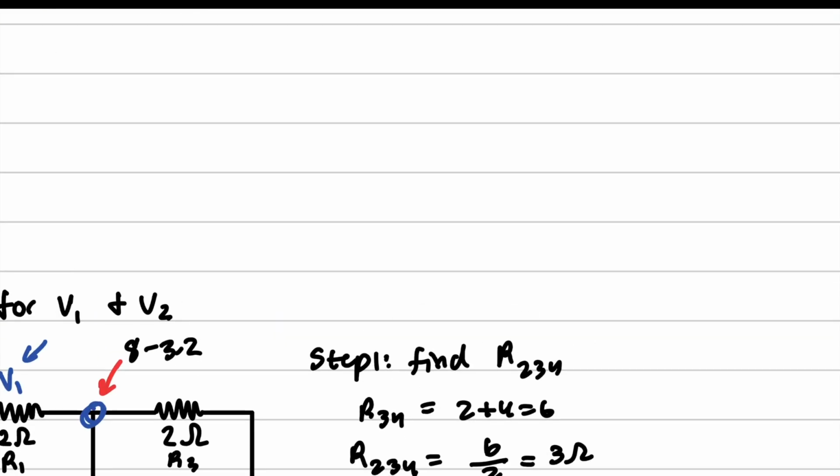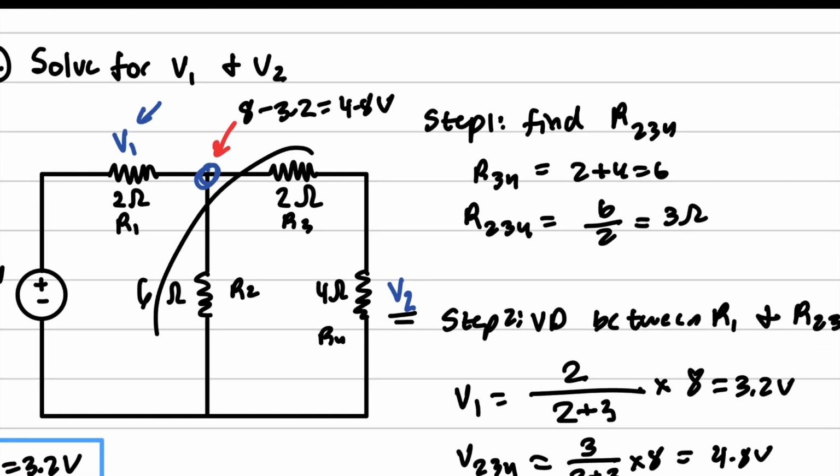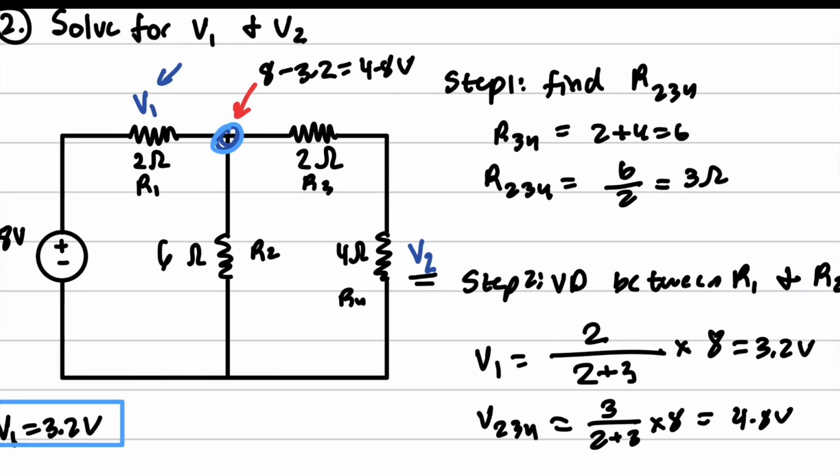So then that means this configuration is seeing this 4.8 volts, and it's going to be dissipated accordingly.